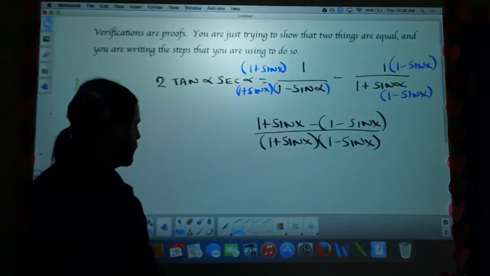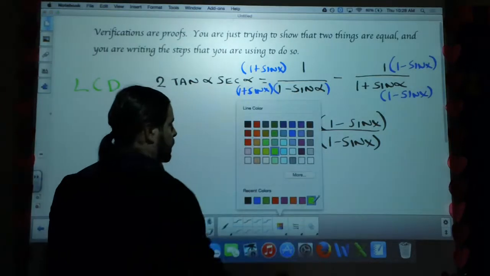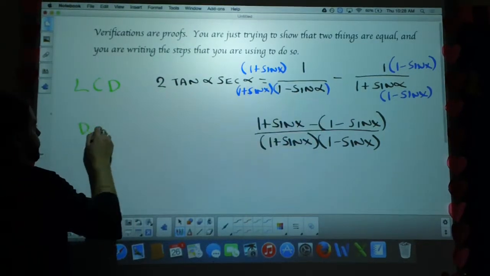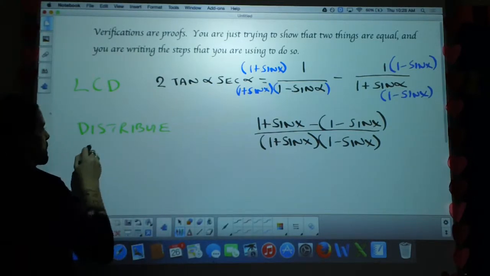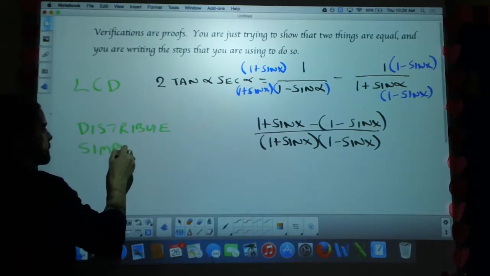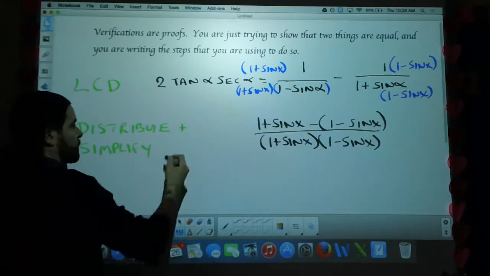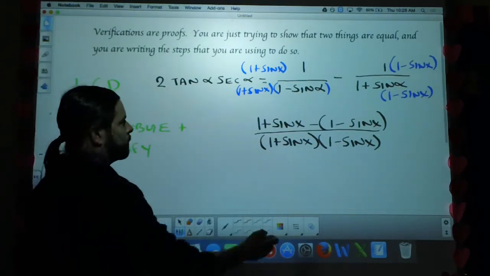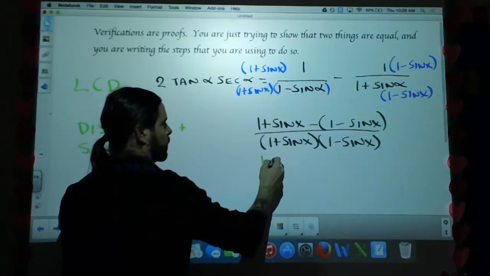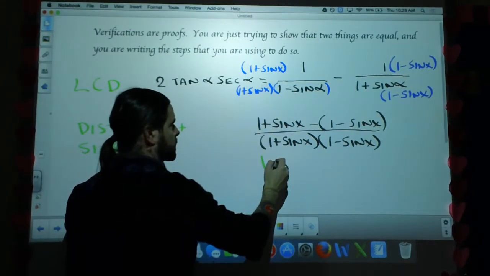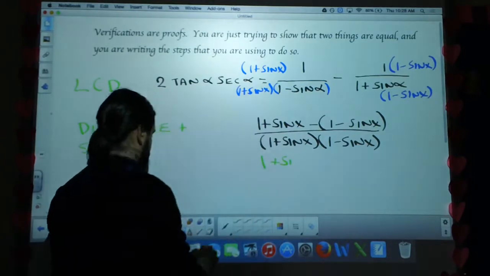What I can do, though, is distribute and simplify the top. Okay, just going to do that. So this would be 1 plus sine x. Let me use a different marker.